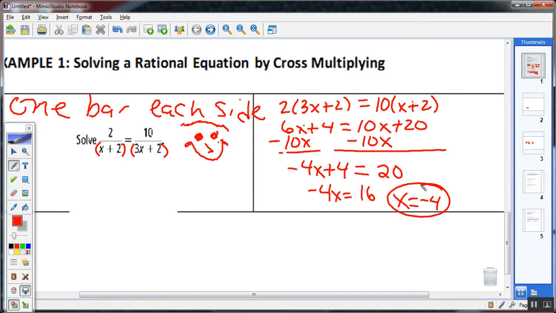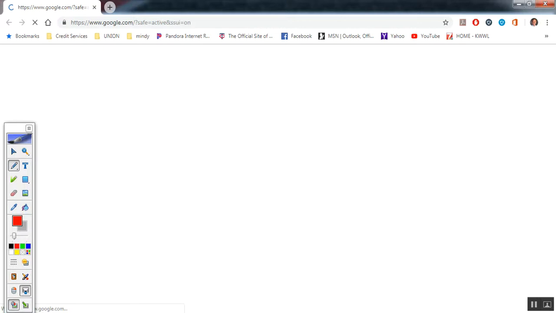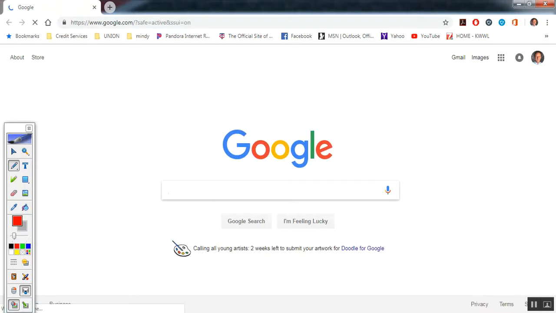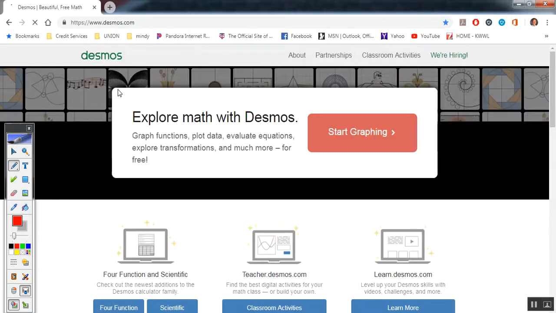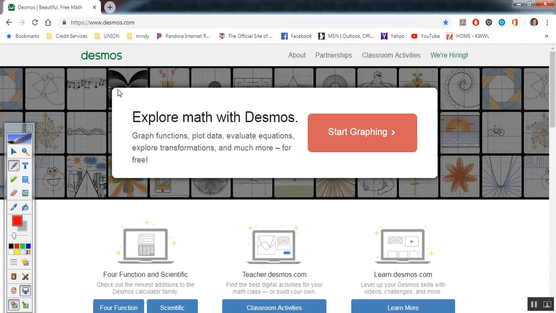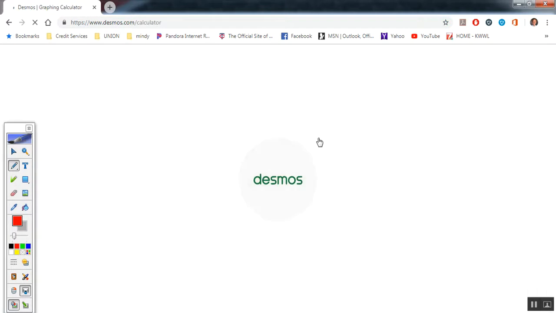Okay. Now I want to show you the application that comes with decimals to this. You guys are going to help me. What does the left-hand side of the equation say? 2 over x plus 2.